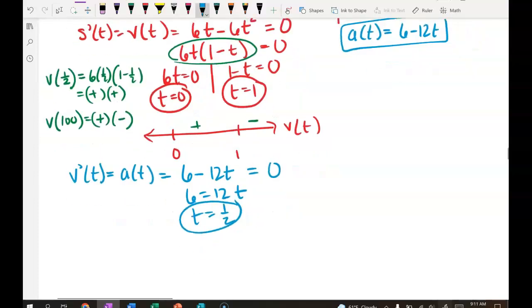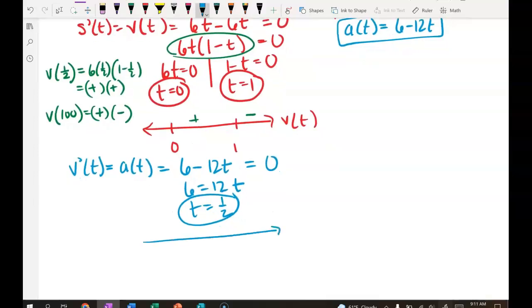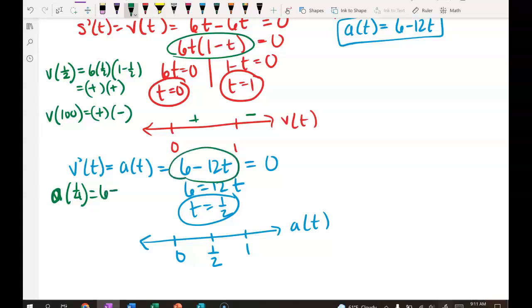Similarly, because I want to see where it speeds up, remember the time frame must be the same. So this is acceleration now, and this is 1, so your half is right here. We want to plug in between 0 and a half, and a 1. So acceleration in between 0 and a half, I'm going to pick a quarter. Here's 6 minus a quarter of 12, which is 3, so this is positive.